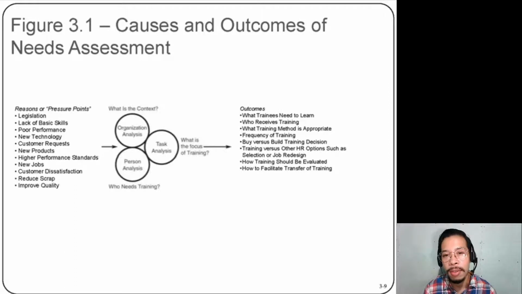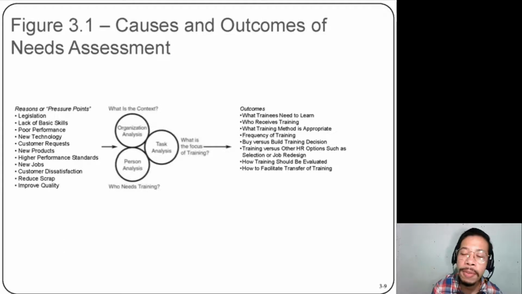So these are the different pressures for why we need to conduct needs assessment, right? Why do we need to analyze the organization, the task, and the person? So we have here the legislation. This is from the law. We have basic skills, poor performance, new technology, and a lot of factors or forces that drive us to conduct needs assessment, right?